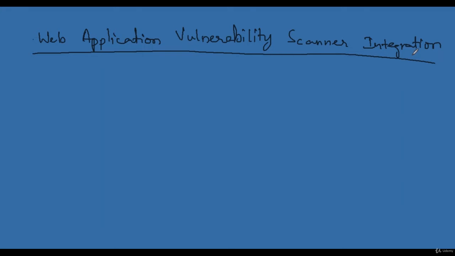If your application is not secure, these scanners can help you analyze what vulnerabilities are present in your application and give you an idea how to proceed further in protecting or mitigating against those specific vulnerabilities. So ASM can be integrated with these vulnerability scanners.